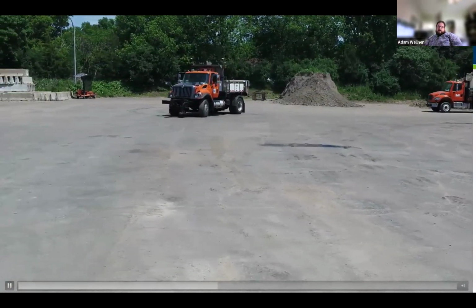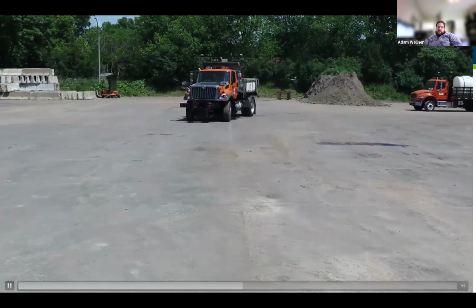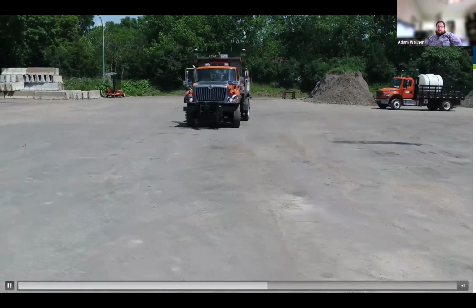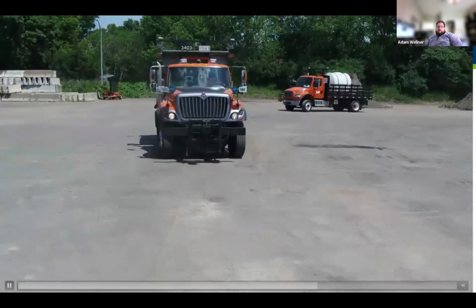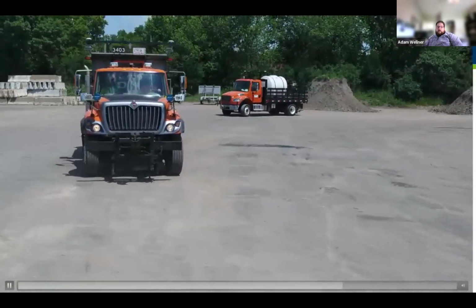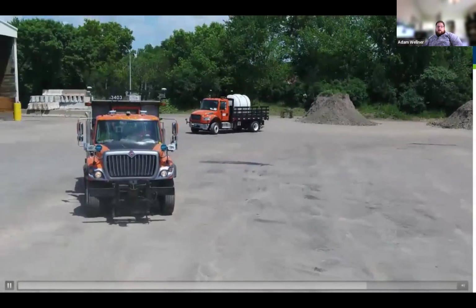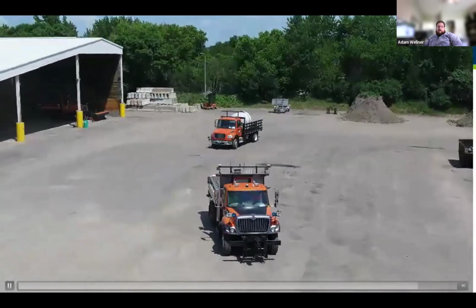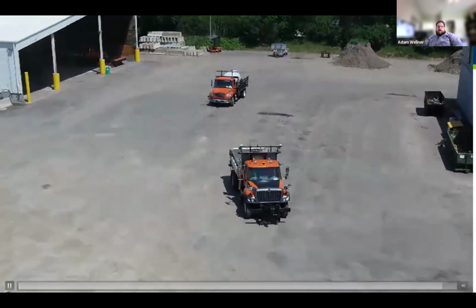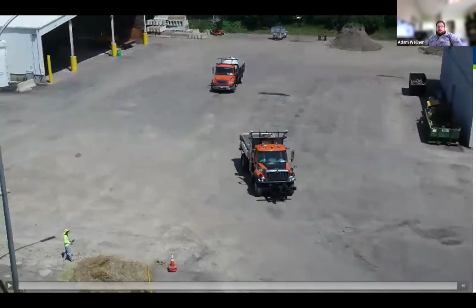And the follow truck's coming along, and it will follow that same path that the leader truck took, taking that turn. Essentially following like a breadcrumb trail is how it's been described, that the leader truck leaves for the follow truck.